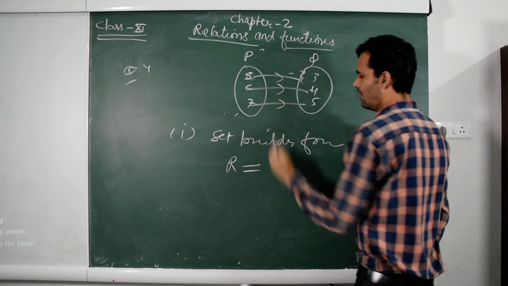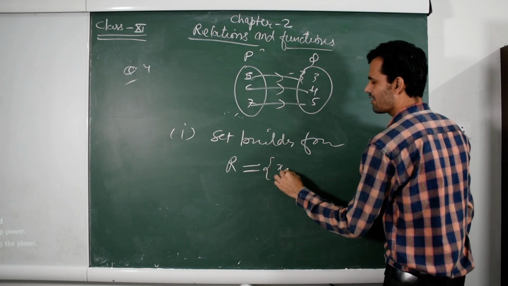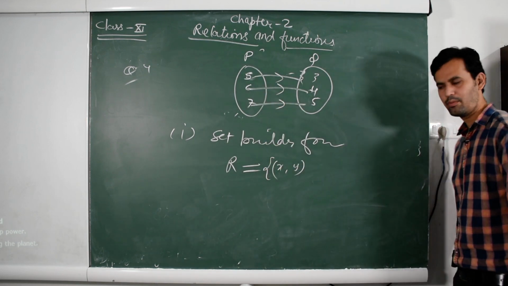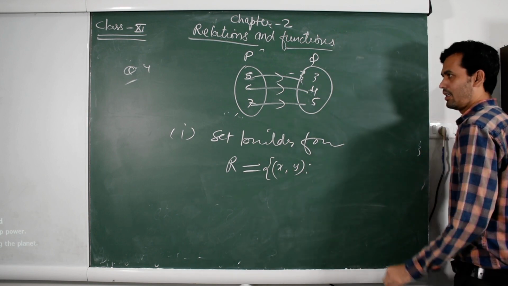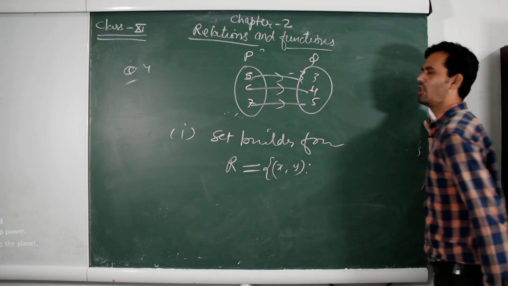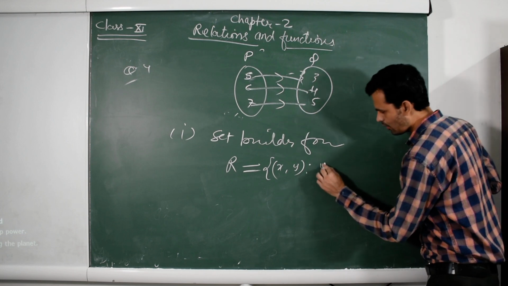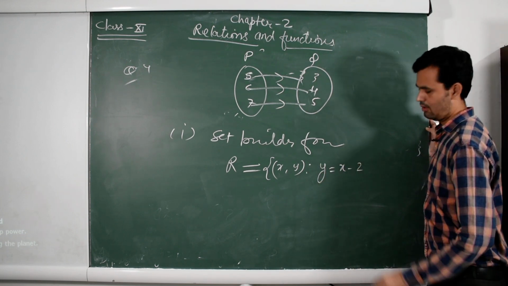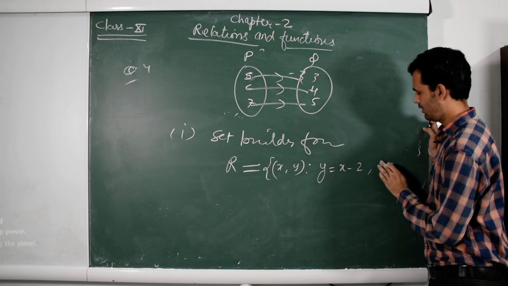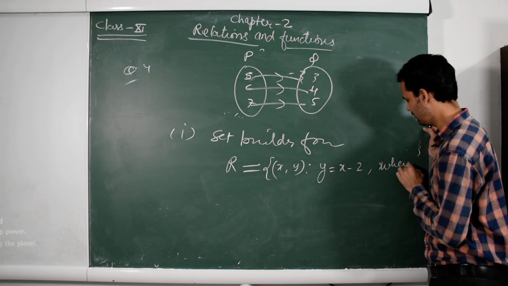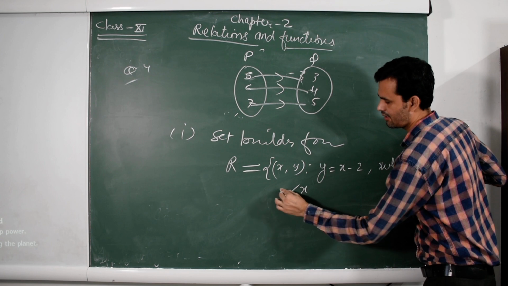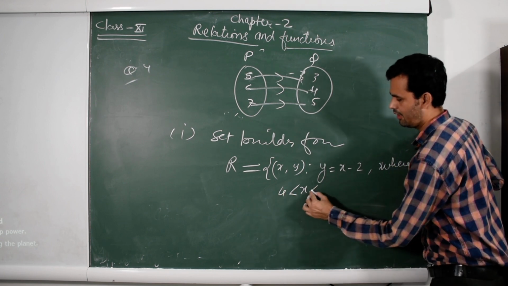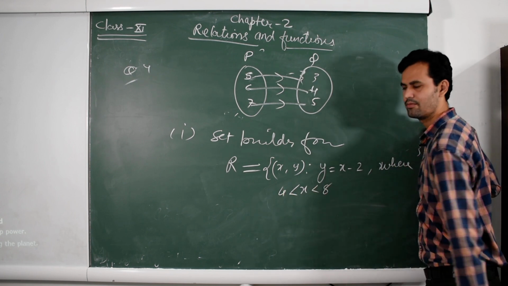These are the relations. So we take x and y, two elements of an ordered pair, where y equals x minus 2, where x is greater than 4 and less than 8.